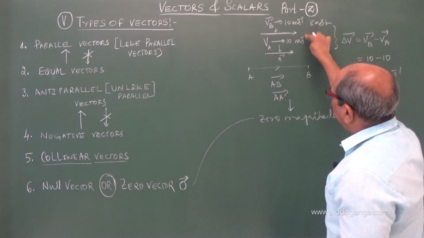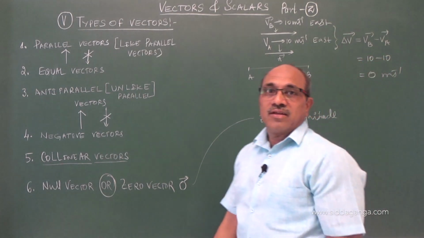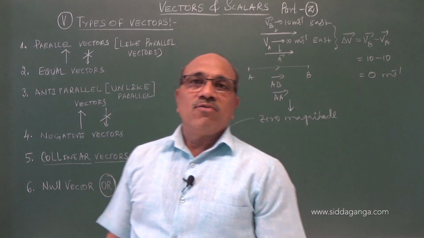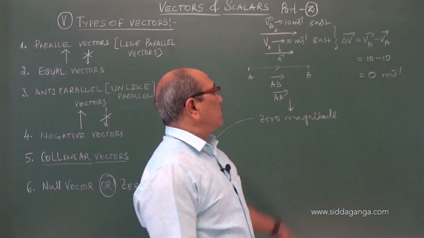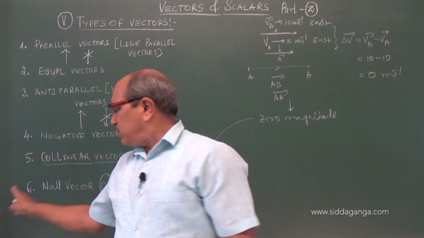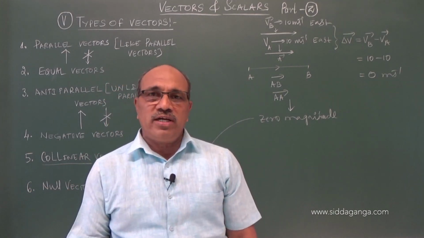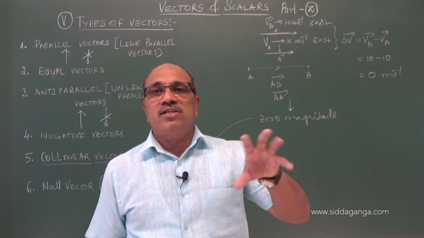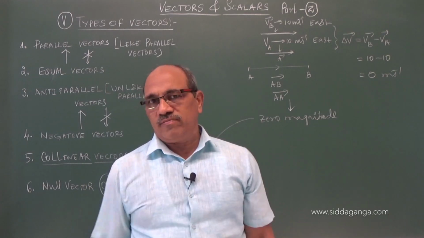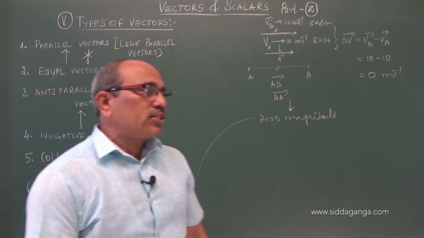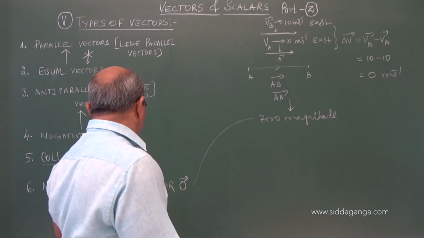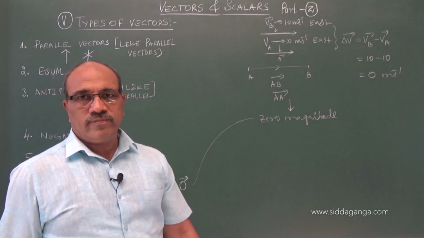So it has a directionality if you see. But what is the magnitude? 0. Therefore we say a null or zero vector is a vector having 0 magnitude, arbitrary direction. It can take any direction. That arbitrary direction with 0 magnitude vector is called a null vector.